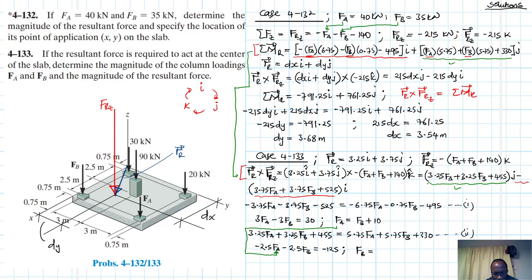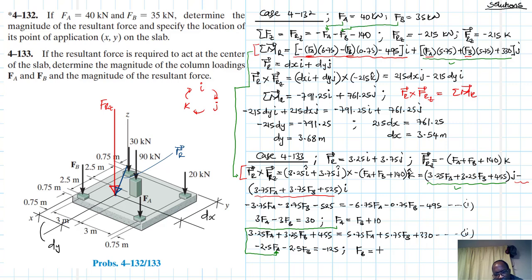So we'll have minus 2.5 times 10 plus 125 divided by 2.5 FB and 2.5 FB.